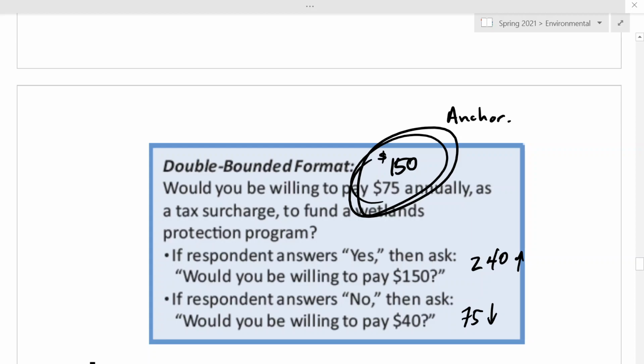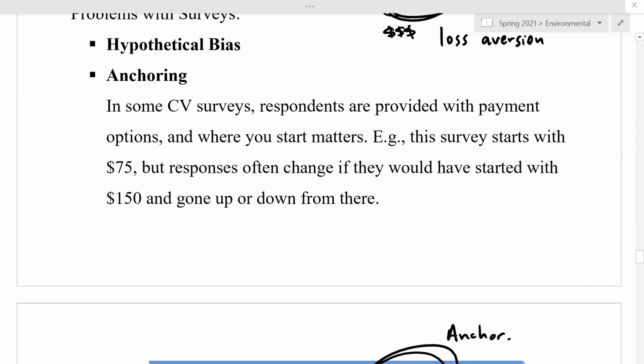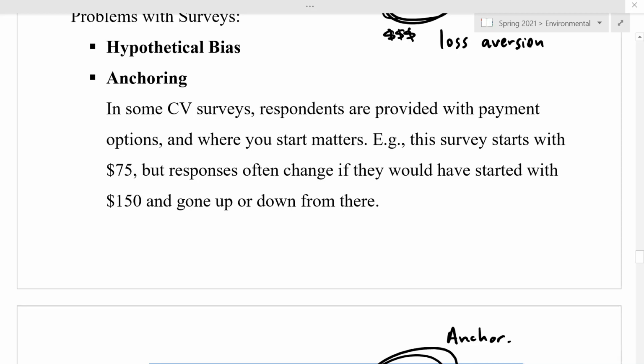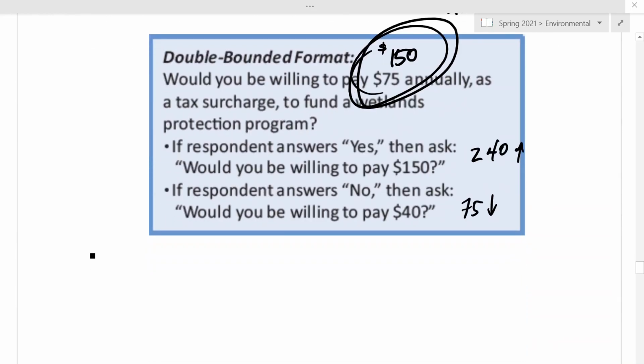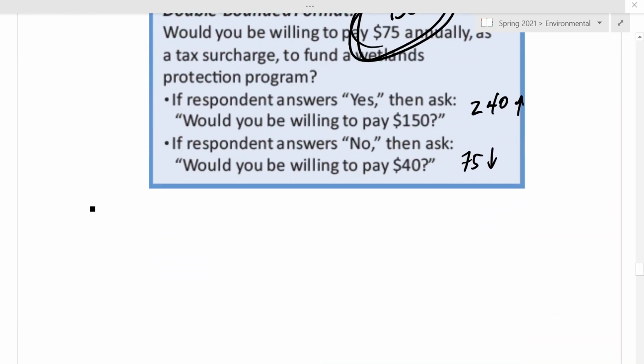But some would say throw out the first number so that the conversation gets anchored to whatever is said first. Whatever is said first causes psychological responses that are going to affect the outcome. And then just a couple more here. So we have strategic bias.